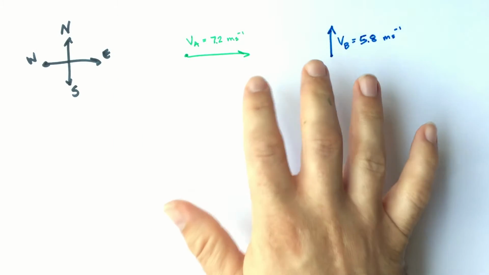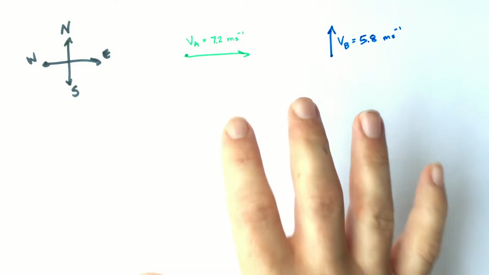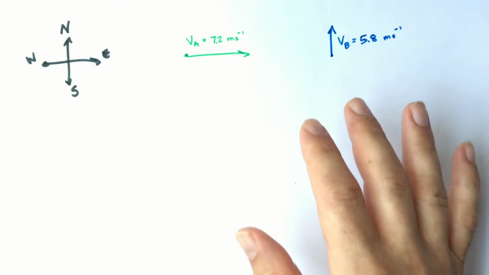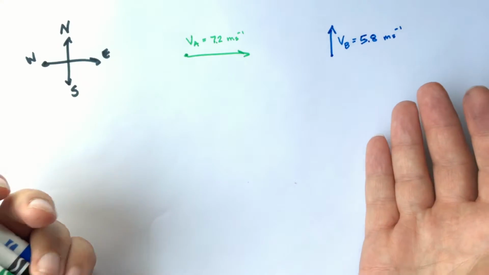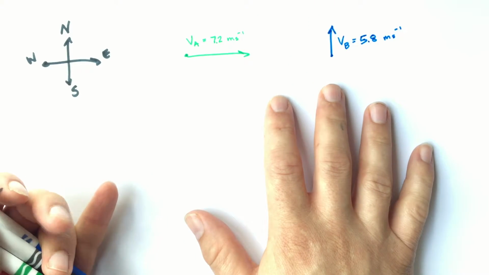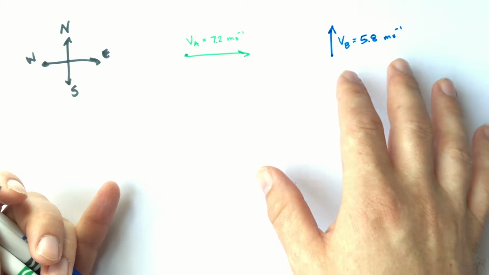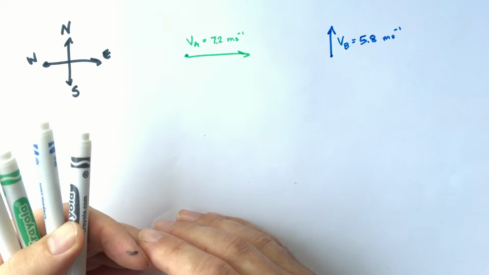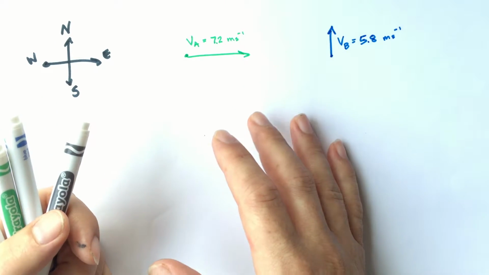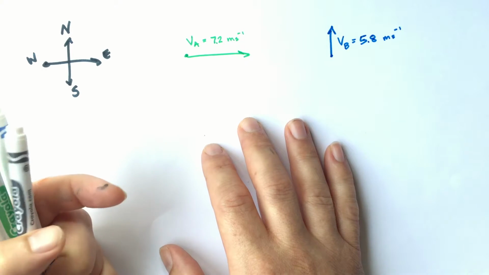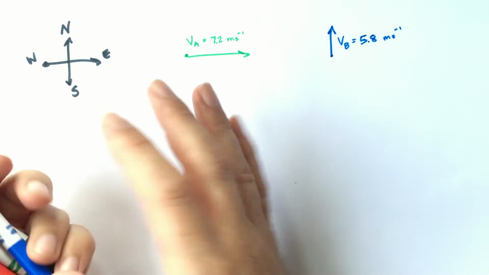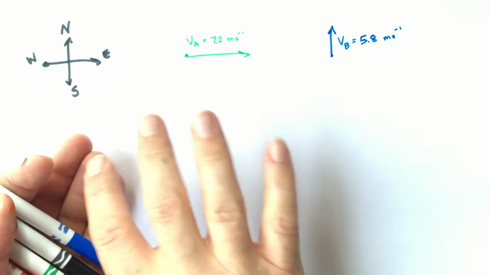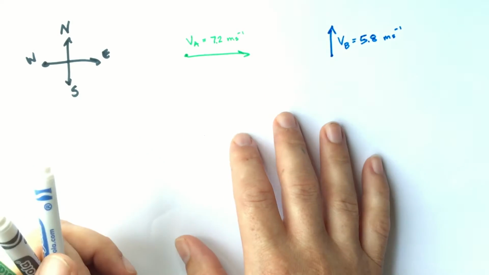The problem points out that both of these are measured by an observer that is fixed in one location. This idea that there is no such thing as a non-relative velocity. Every velocity is relative. If there isn't a reference frame given to you, then we assume that Earth is the reference frame.